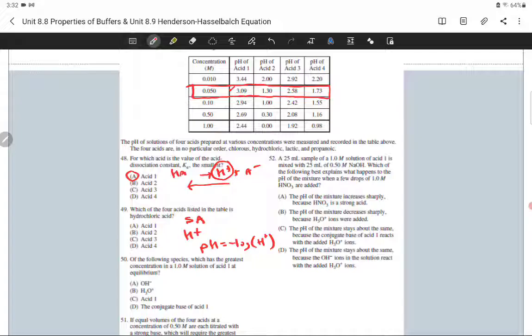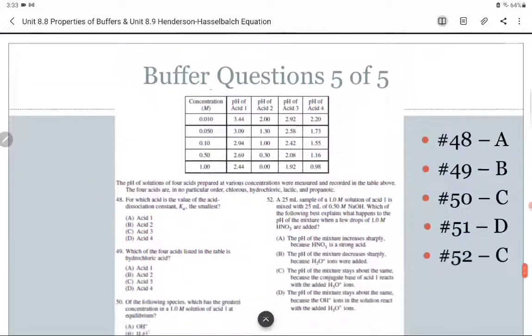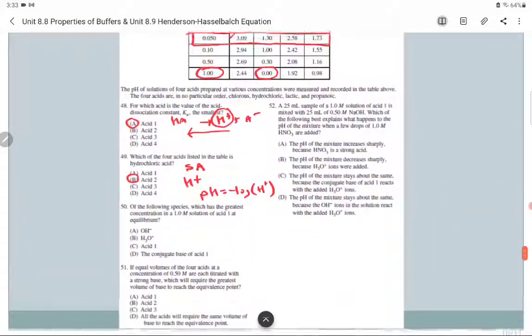Let's look at this one. If you take the negative log of 1, you get 0. Which one would have 0? Only the strong acid would have 0. There you go. So that's acid 2. Double check. Okay, we're on track.